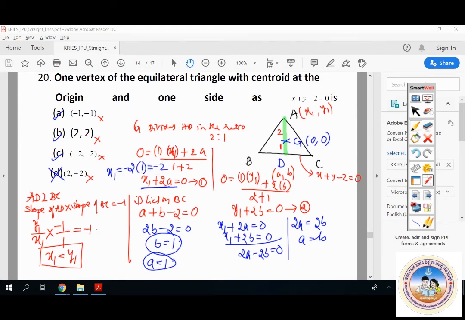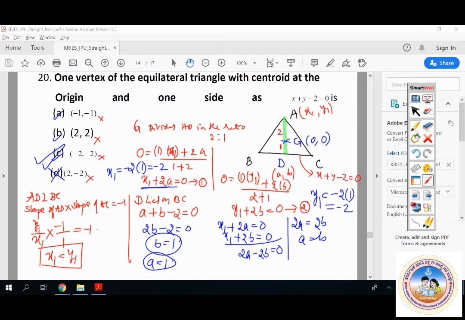Look at which answer has x1 as minus 2, it is going to be only C, right? Similarly, substituting in y1, y1 is equal to minus 2 into b, b is 1, it becomes minus 2. So minus 2 comma minus 2 is going to be one of the vertices of the triangle.